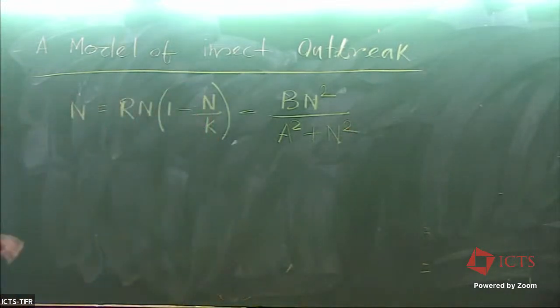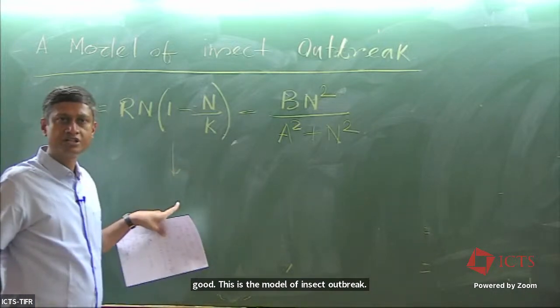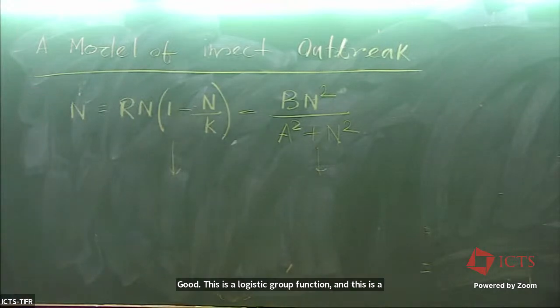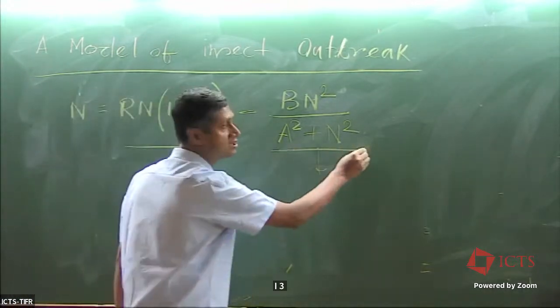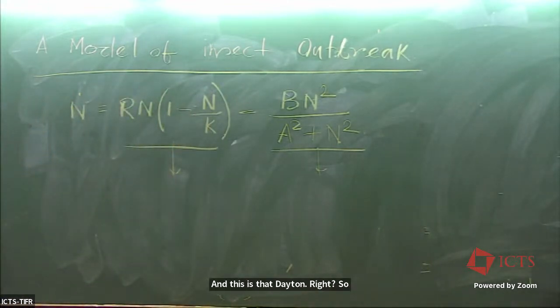This is a model of insect outbreak. Here, this is a logistic growth function, and this is a Holling type 3 response. You can think of this as a growth term and this as a death term, so growth minus death results in a mass balance.